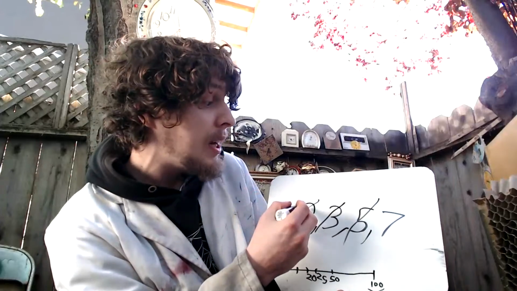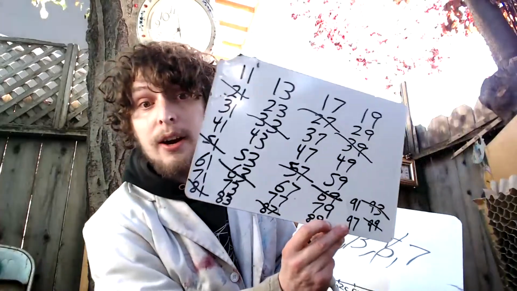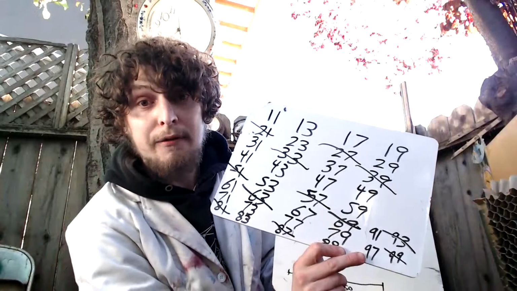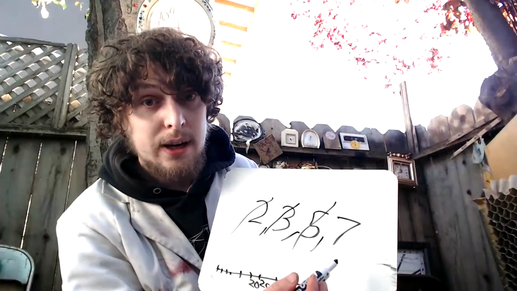So if we've eliminated all the 2s, 3s, and 5s, anything on here that's not crossed out yet but is still composite must have a 7 making it up. Because if it didn't have a 2, 3, 5, or 7 in it, what are the other supposed factors paired with? So now we just really need to check multiples of 7.